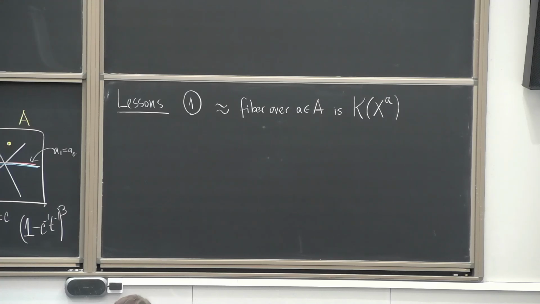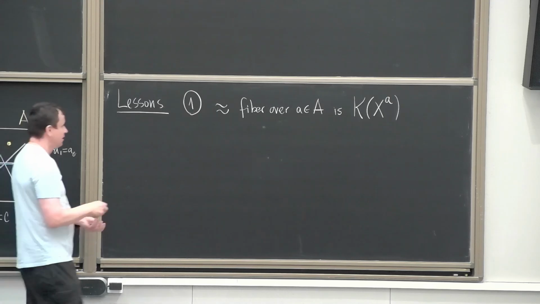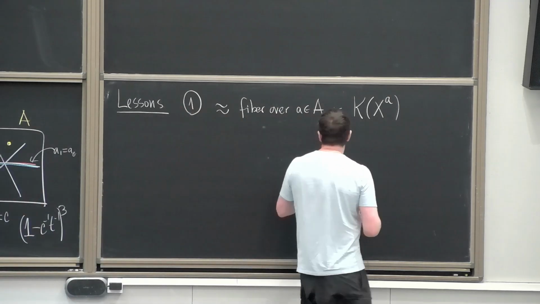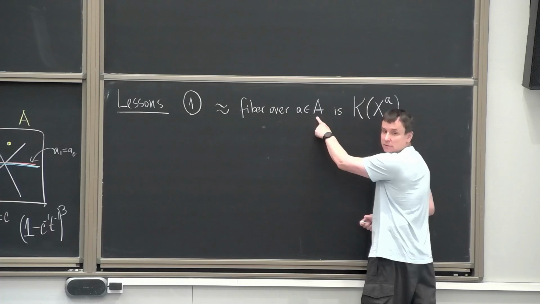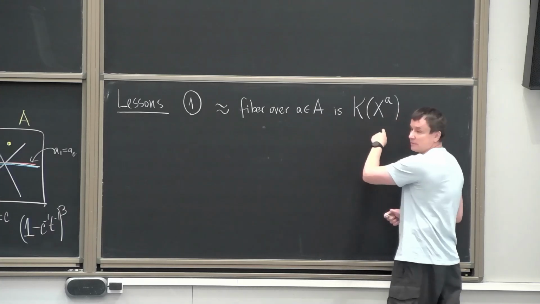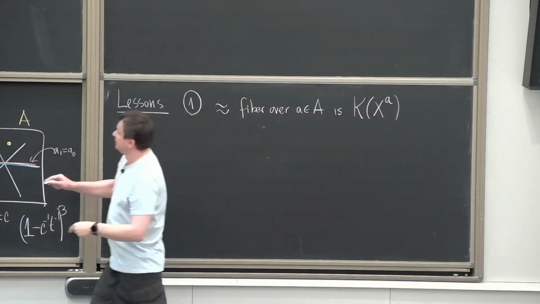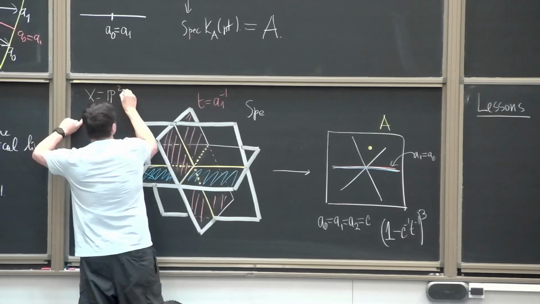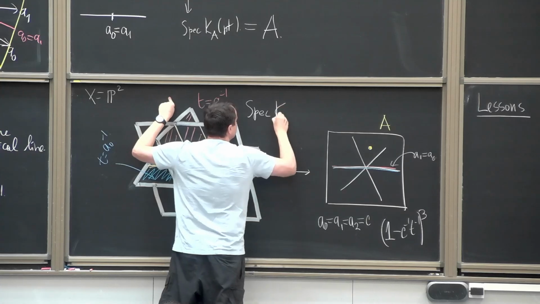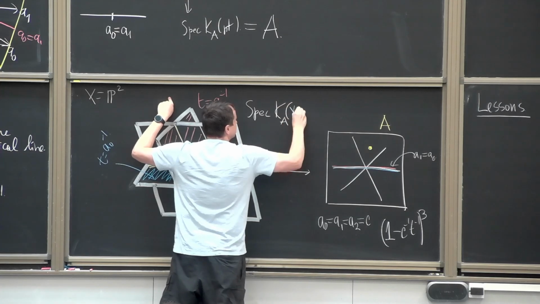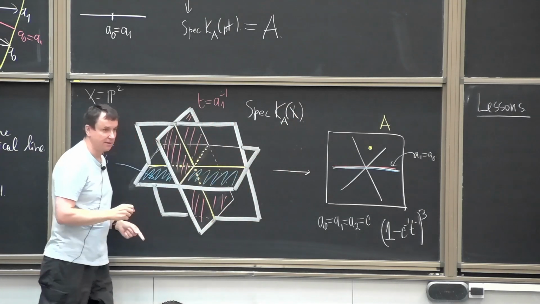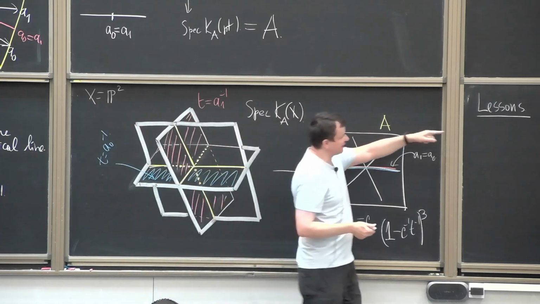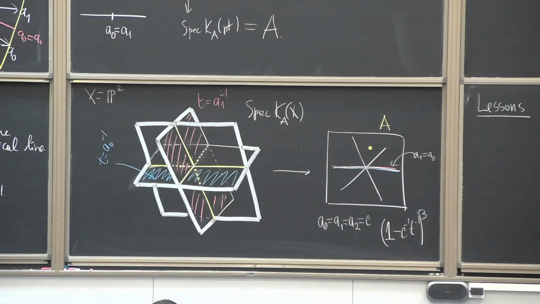To make this a true statement, it's a point in the torus. Oh, X is any space. In this example, X is P2, but in general I can look at spec of K_A of some space X. The general principle is that this is it.